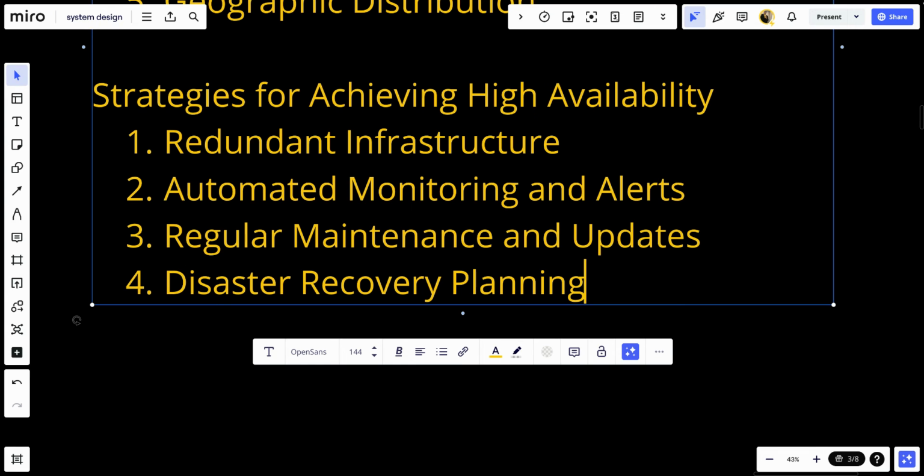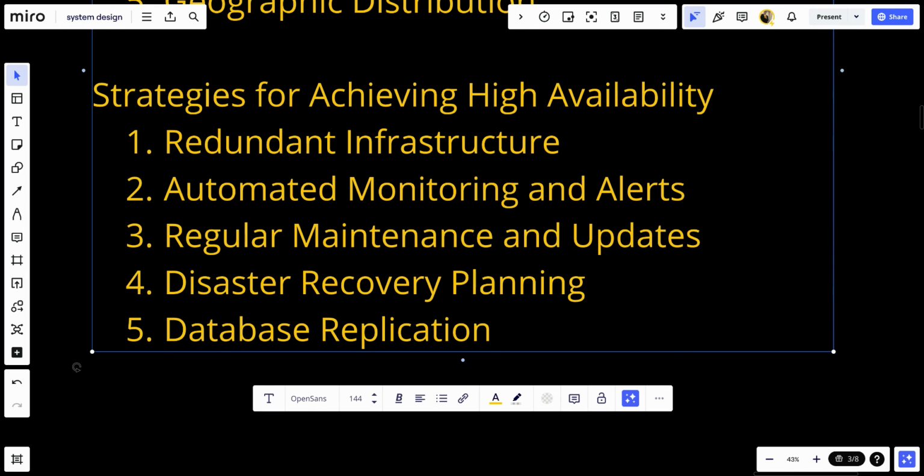Having a comprehensive disaster recovery plan that includes data backups, secondary data centers, and procedures to recover from major failures. And number five, we have database replication. Replicating databases across multiple servers to ensure data availability even if one server fails.